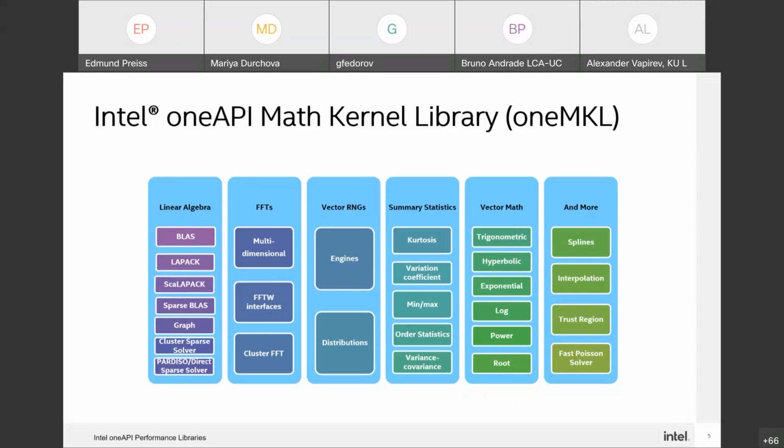Of course, MKL supports Windows, macOS and Linux operating systems, with 32 and 64 bit implementations of these interfaces. All our routines from MKL are highly optimized for all available Intel architectures.